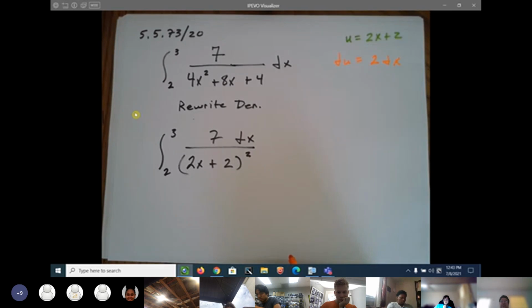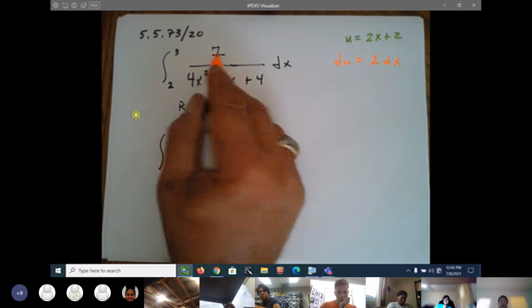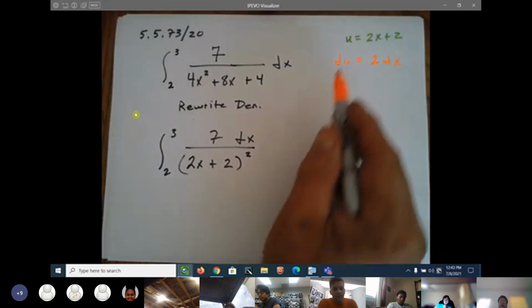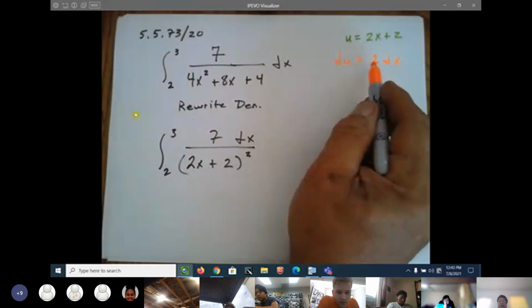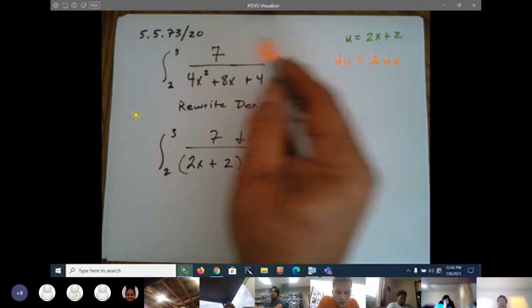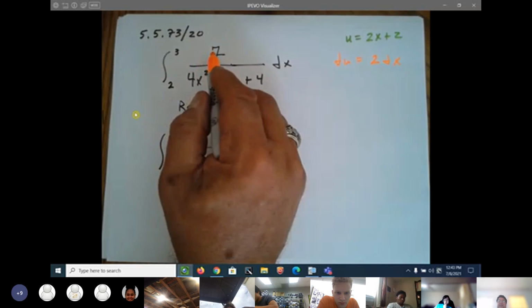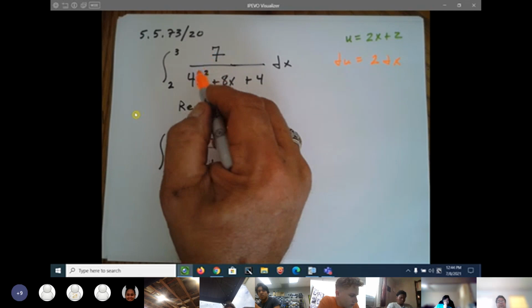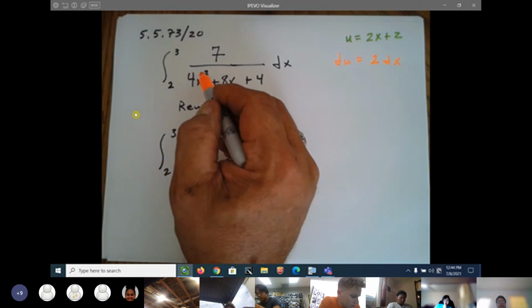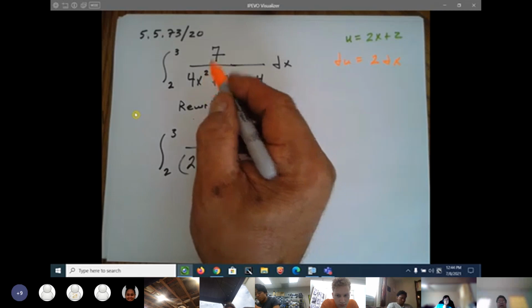Now, this is where I think they're wrong. I believe this is supposed to be a 4 or 2 because there's no way to change 7 into a 2. You're going to have to divide.